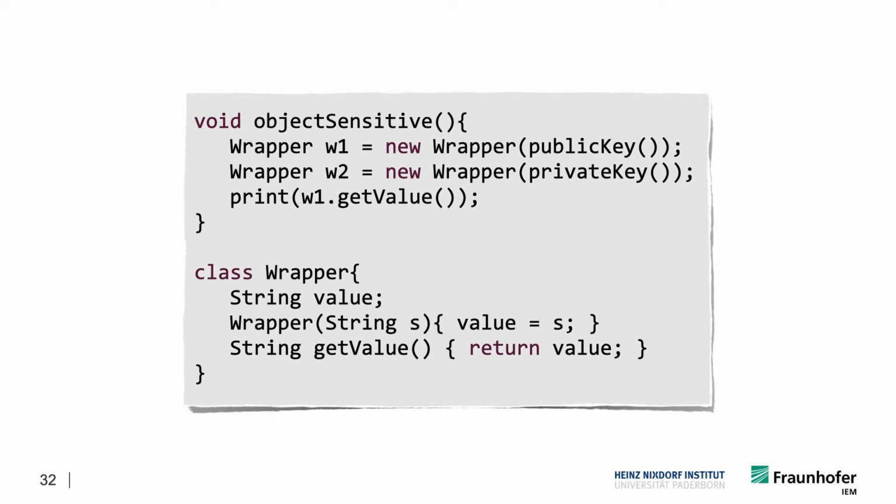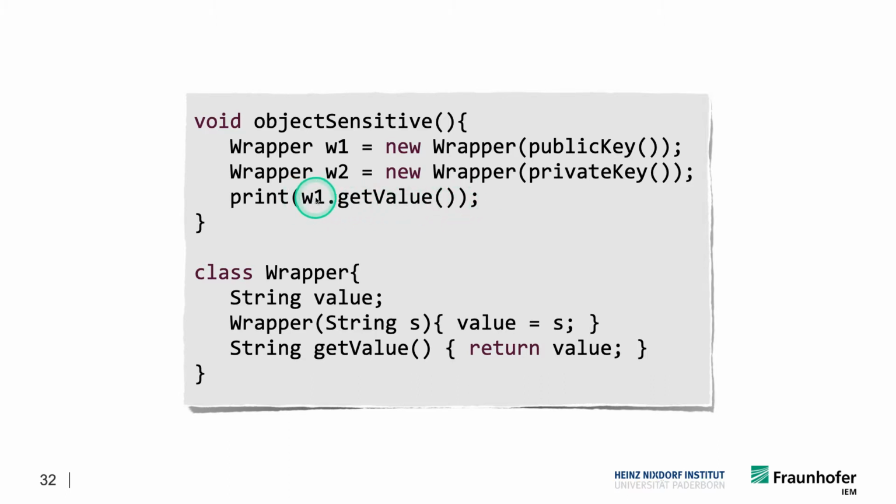But then we also found that in Android you actually also really need some level of object sensitivity, and this again I want to show you here. So let's assume we're having these two different wrapper objects. So W1 is actually wrapping a public key, and W2 is wrapping a private key. So the private one shouldn't be leaked, the other one is fine to leak, and in fact we are leaking here the public key, as you can see.